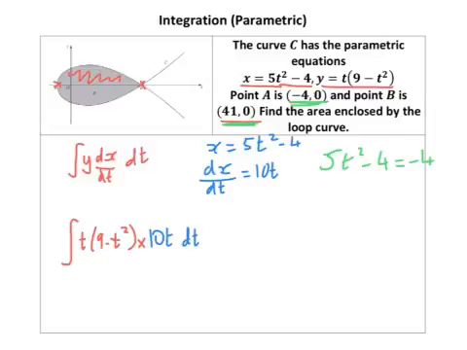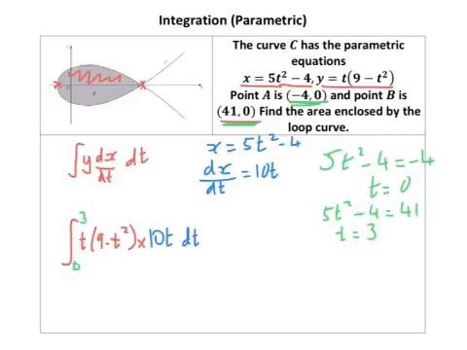So we're going to have to change the limits as well. I've solved that, t is 0, and I've also got 5t squared minus 4 equals 41. I solve that and I get t equals 3. So they're going to be my limits, 0 to 3.